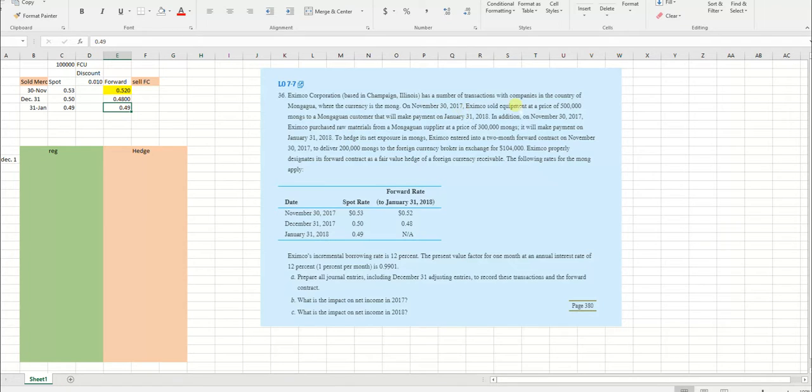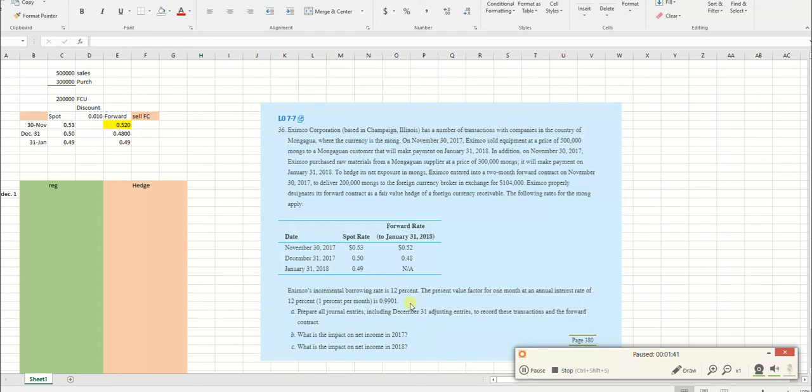But here's where we really need to stop and pay a little bit of attention. I sold for 500,000, then I purchased at 300,000. So I really have two transactions. So I am in the net of a sale. If you notice that I've hedged it with another transaction, 300,000, but I've sold more Hmongs than I have imported.